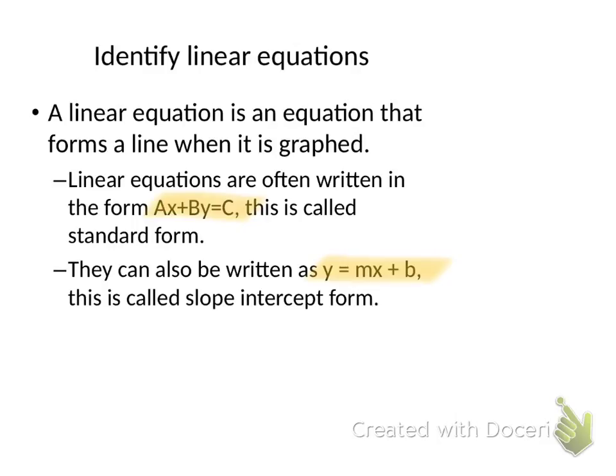And this form is called slope-intercept. Now, in order to identify a linear equation, we expect them to be written in one of these two forms. Notice neither form has any exponents, square root symbols, or any variables being multiplied together.